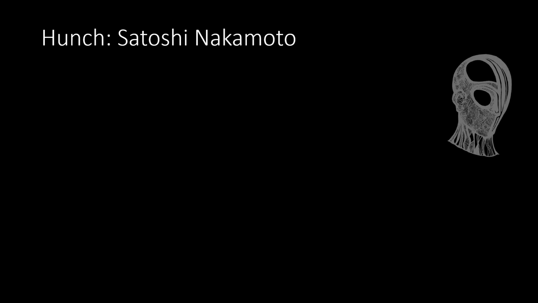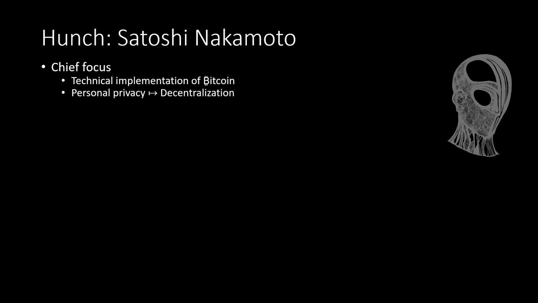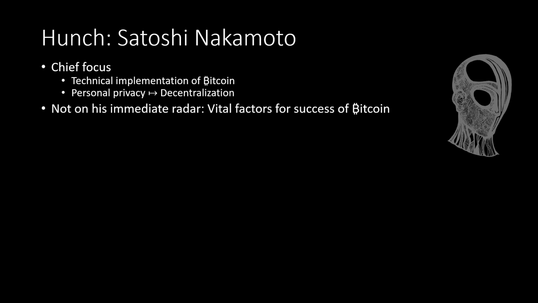So after concluding my very intensive research on Satoshi Nakamoto and the origins of Bitcoin, let me share my hunch. Now, first at Satoshi Nakamoto himself. I think his chief focus was on the technical implementation of Bitcoin and to protect his personal privacy, which was also very conducive to support Bitcoin's key concept of decentralization, the peer-to-peer mantra essentially.